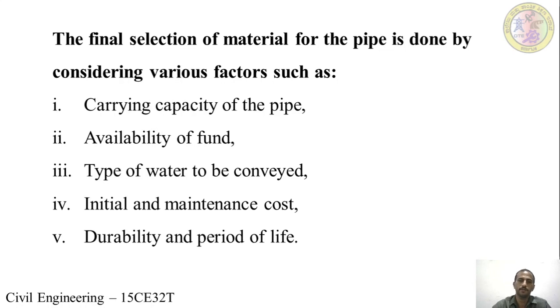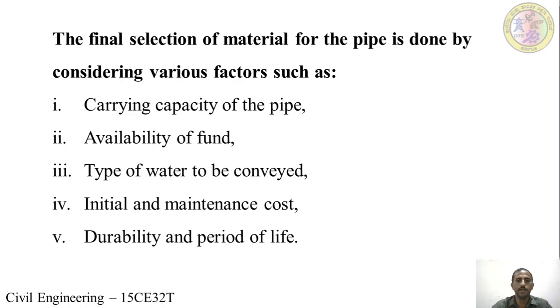Depending upon the required quantity of water, we have to decide the material for a particular pipe. Next, we have to consider the availability of funds and the type of water to be conveyed, whether it has corrosive elements, whether it contains silts. That too we have to consider.